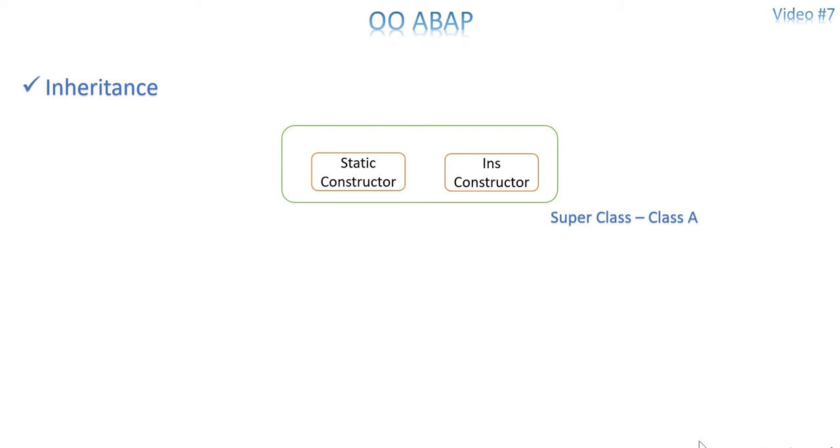So when you create an object of the subclass, it goes to the superclass constructor if it is implemented, executes whatever is inside that constructor, and then it comes to the subclass constructor. So that is the hierarchy of constructors in the inheritance concept.